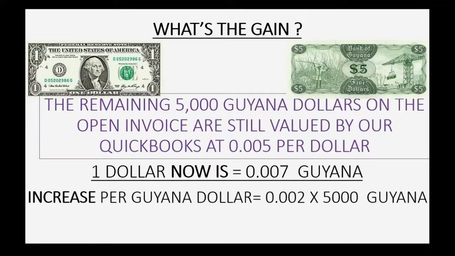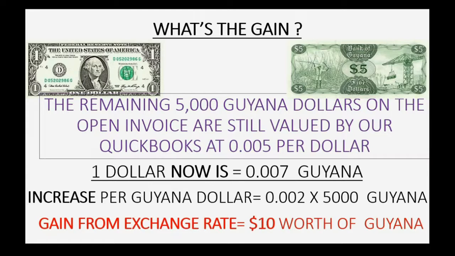So the increase per Guyana dollar is 0.002 from the time that we made the invoice to the time we're getting paid these last 5,000. So if you take the increase per unit and multiply by how many units, you get the gain that we're going to have as a result of receiving the balance of the invoice several days later, when the Guyana dollar has now increased by 0.002.